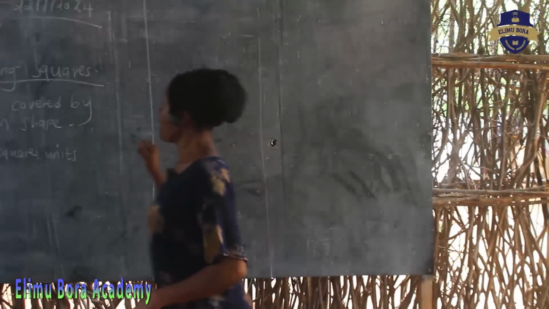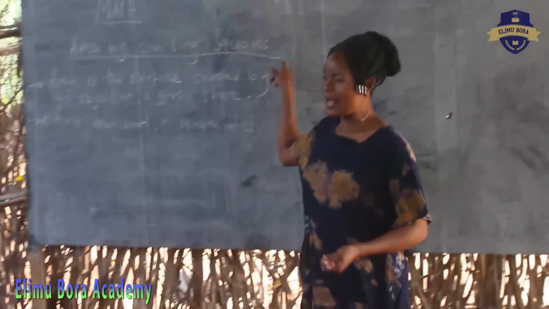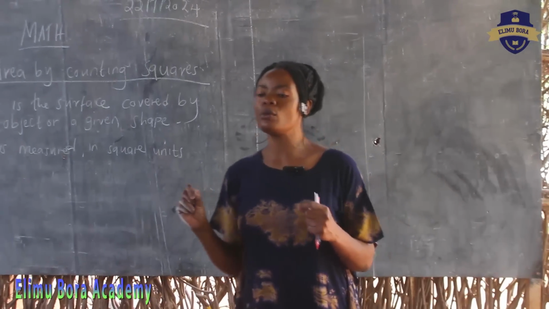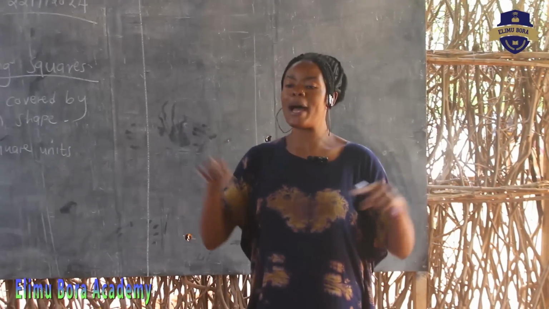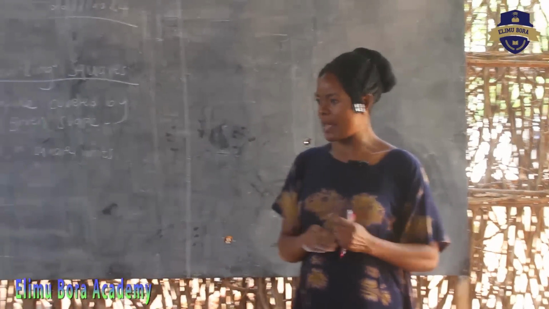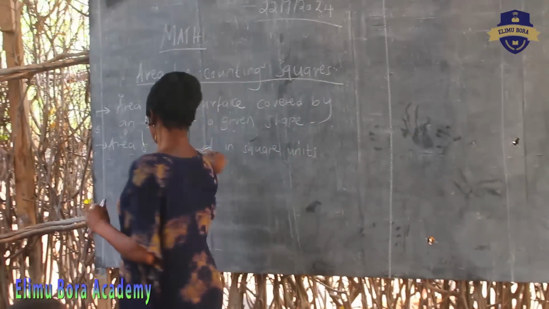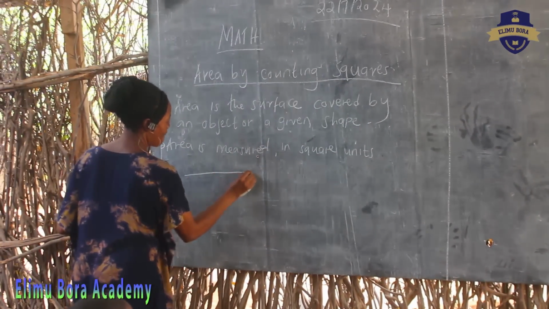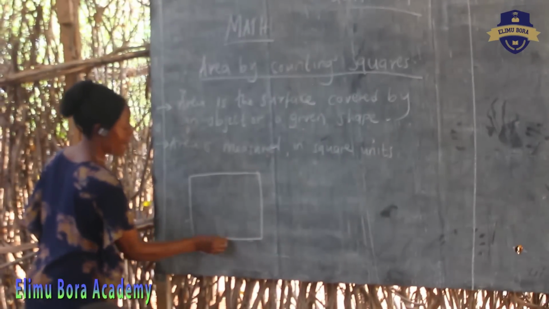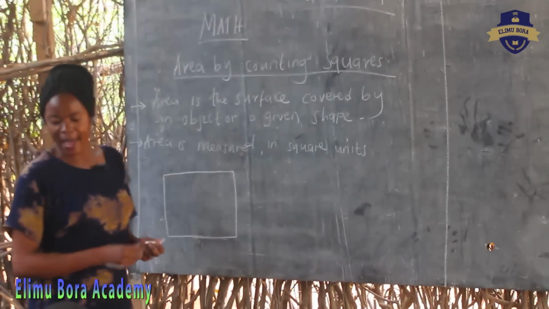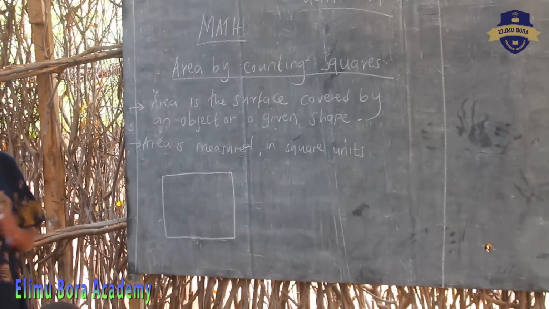So, we are now looking at area by counting squares. We now want to look at the squares that are going to occupy a bigger square. For example, you can be given this square here. This is a big square.